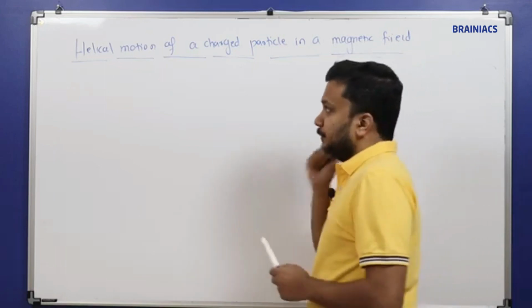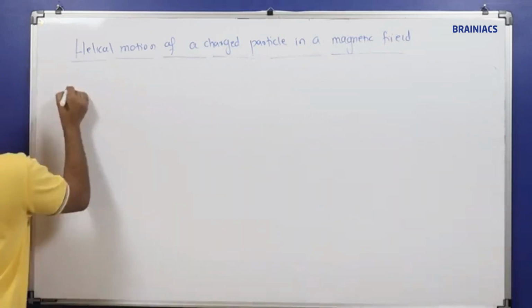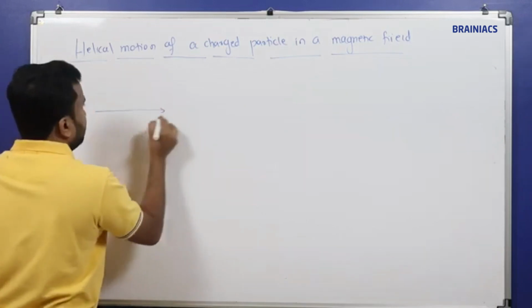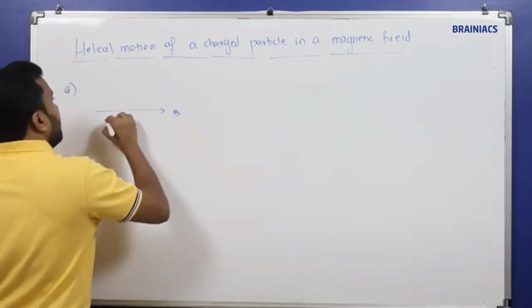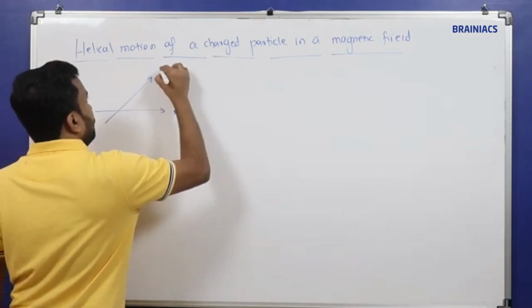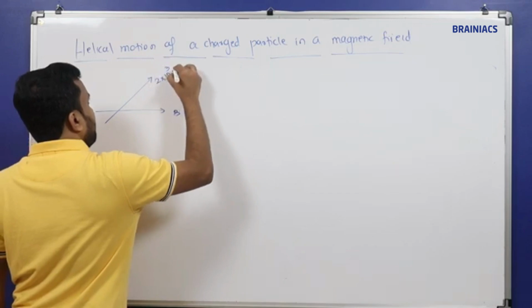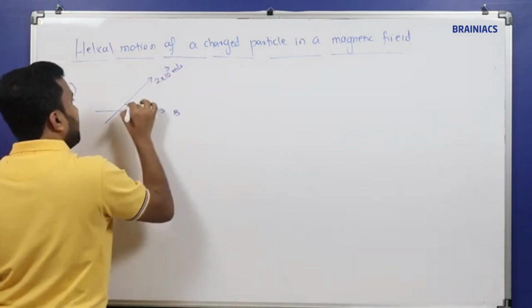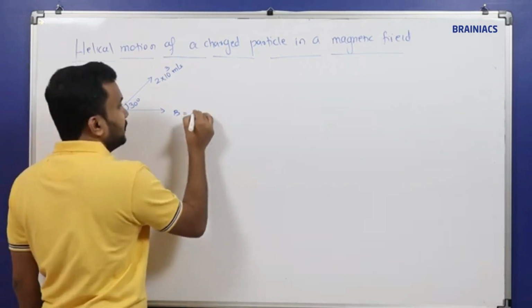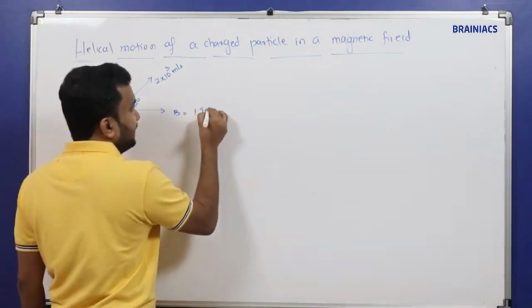Okay, so the first question. We have a magnetic field in this direction and a charged particle entering with a velocity 2 into 10 power 3 meter per second, making an angle of 30 degrees. And the unit of magnetic field is called Tesla.